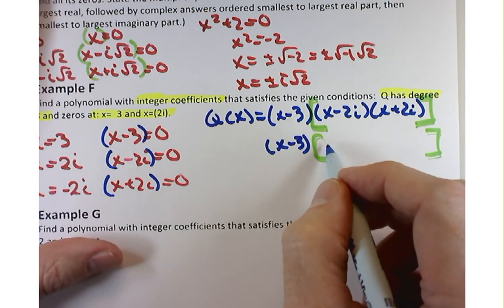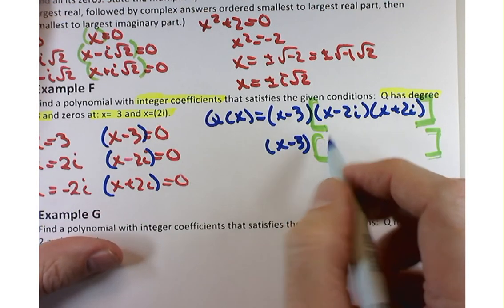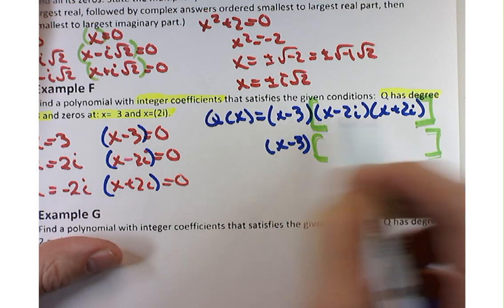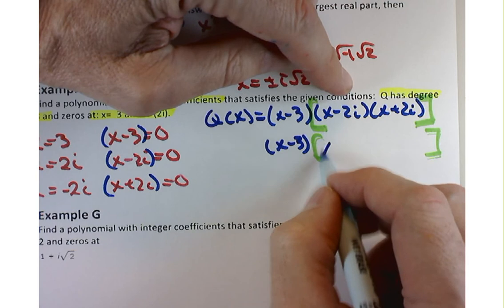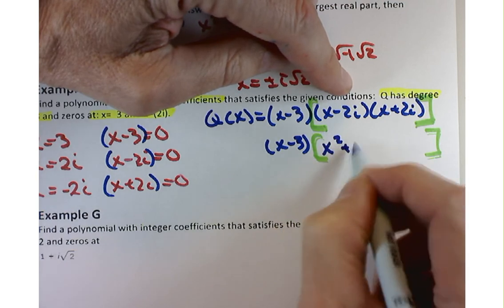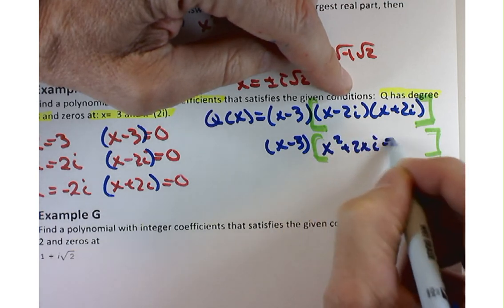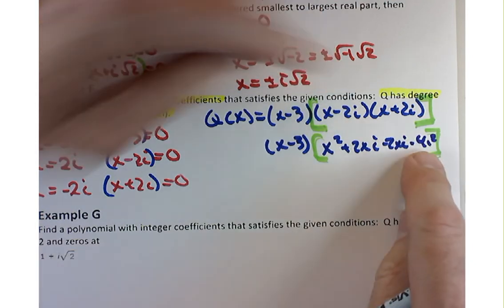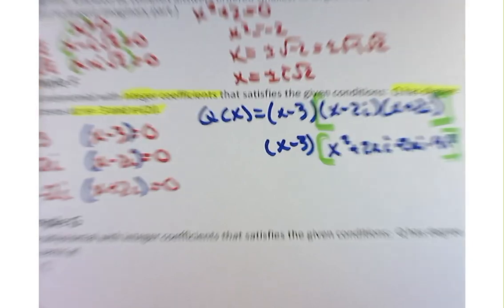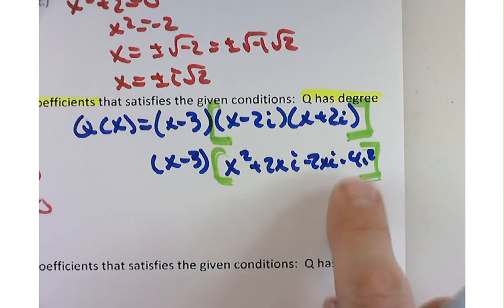Angel, maybe you can help me out. What do I get when I FOIL these together? You get x squared plus 2ix minus 2ix minus 4i squared. Perfect. So the thing that I was most looking forward to is seeing that you got a 4i squared at the end.